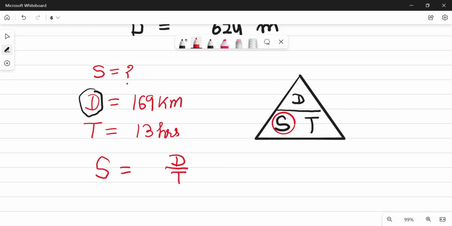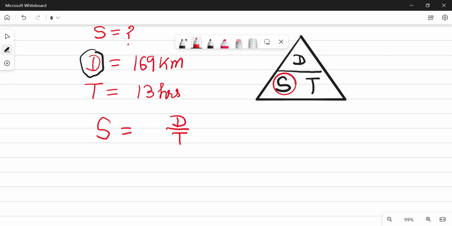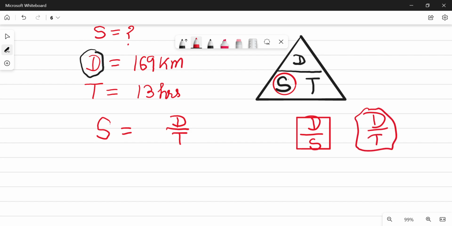I already have told you, if distance is given, always divide distance with speed or time. Distance दे रखा है तो या तो वो स्पीड से डिवाइड करना है या फिर वो टाइम से डिवाइड करना है। If you will divide it with time, then it will be the formula of speed. If you will divide it by speed, it will be the formula of time.